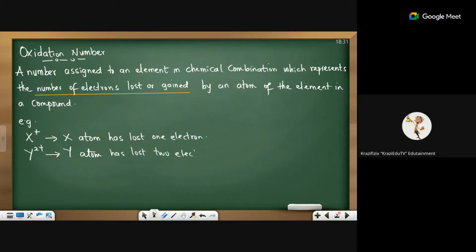And in this case, oxidation number is equal to +1. Here, oxidation number would be equal to positive 2.